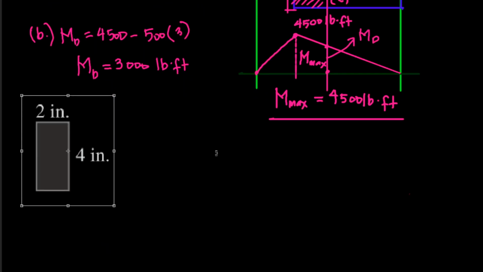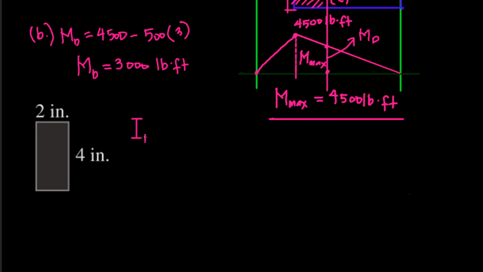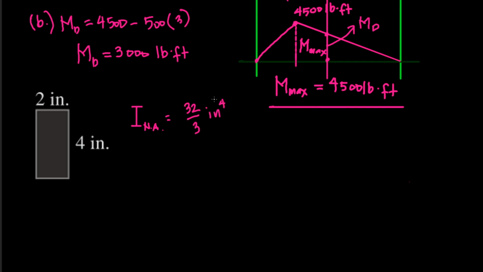So, may sagot na tayo kanina dyan kung ano yung ating I o moment of inertia. I-rewrite ko na lang. I natin dyan is 32/3 inches to the 4th. Okay, so yan yung ating I.